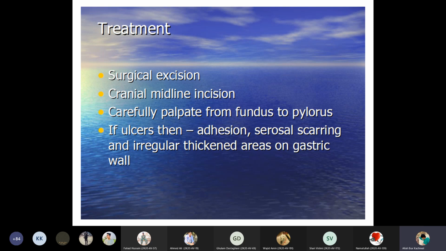A cranial midline incision can be performed to carefully palpate from the fundus to the pylorus. If there are ulcers, adhesions, serosal scarring, or irregular thickness areas on the gastric wall can be seen.